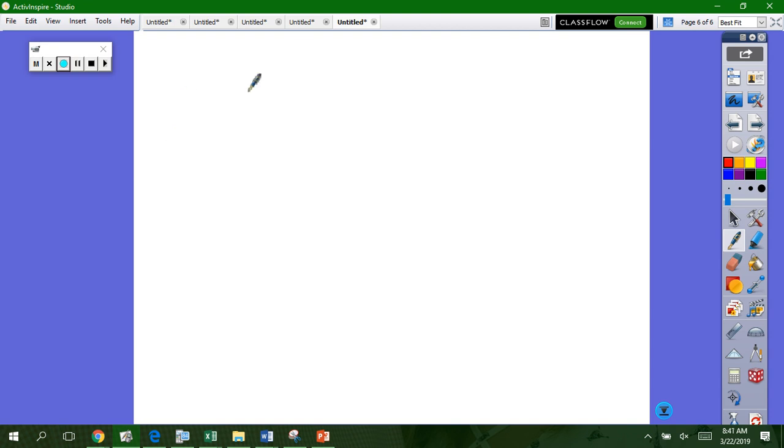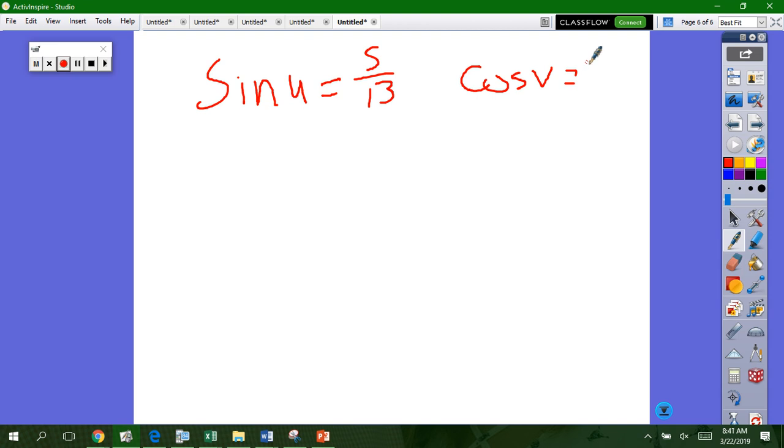Okay, here we go. If I know that the sine of U is 5 over 13 and the cosine of V is 3 over 4. This one's in quadrant 4. This one's in quadrant 1.